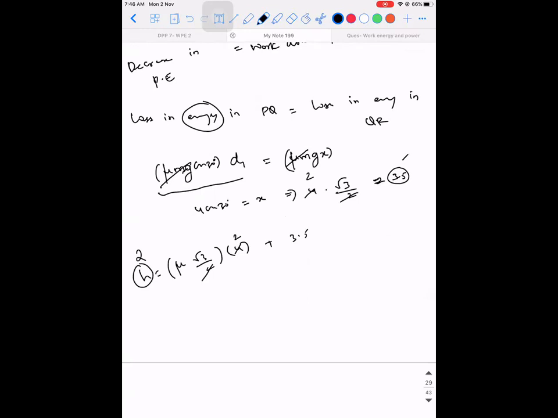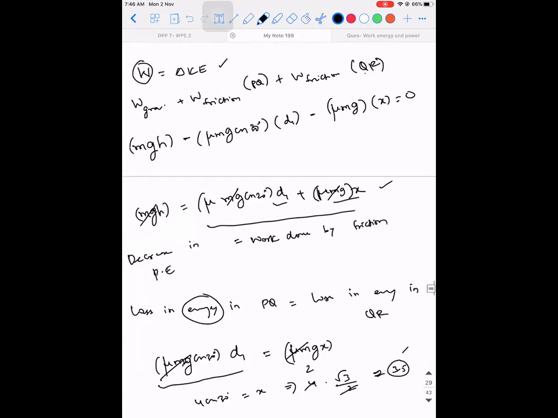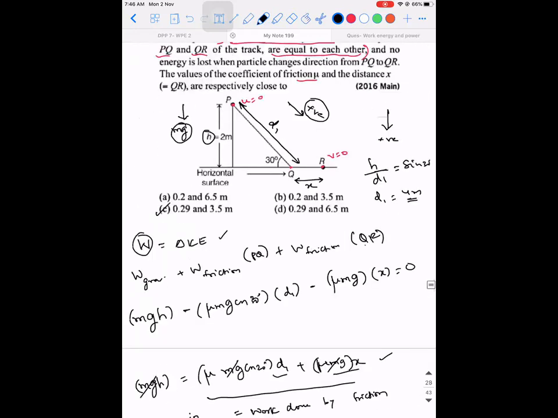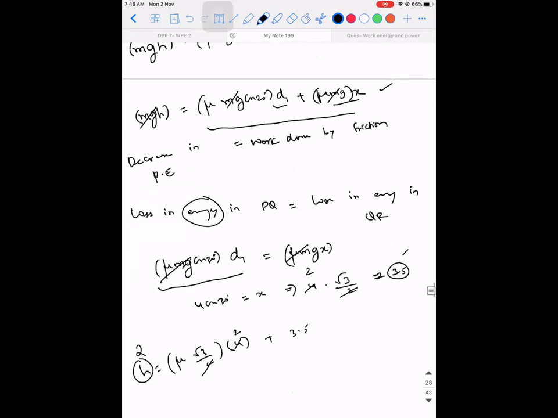Just calculate and tell me what is the answer. So 0.29. That's right. So 0.29, that's the answer.